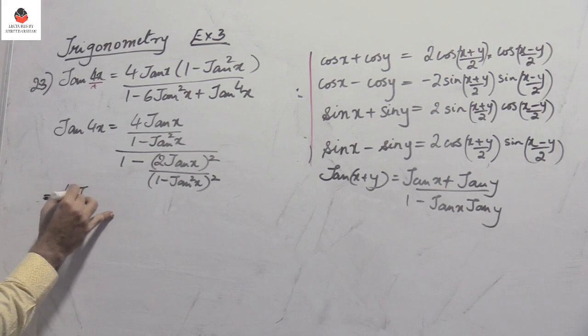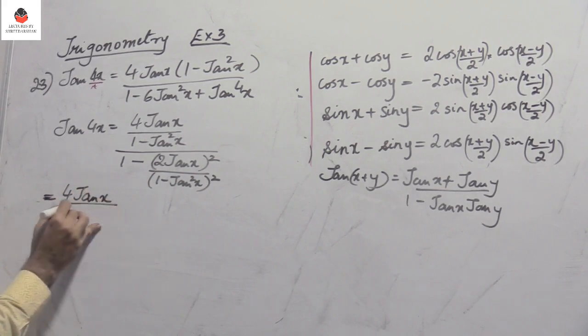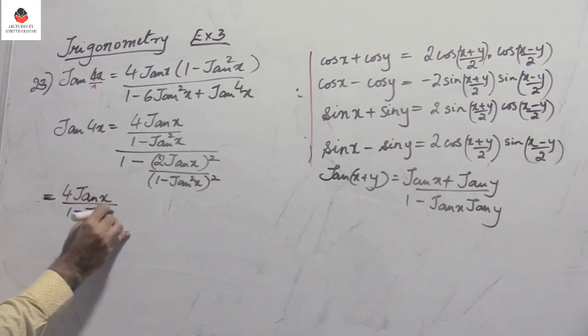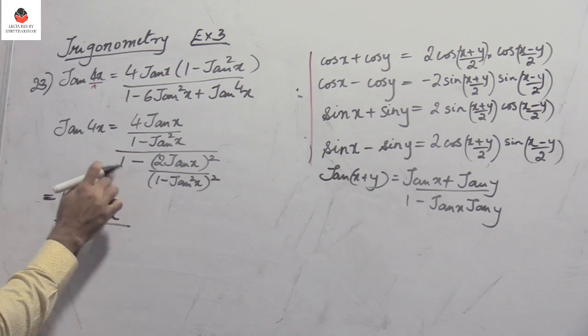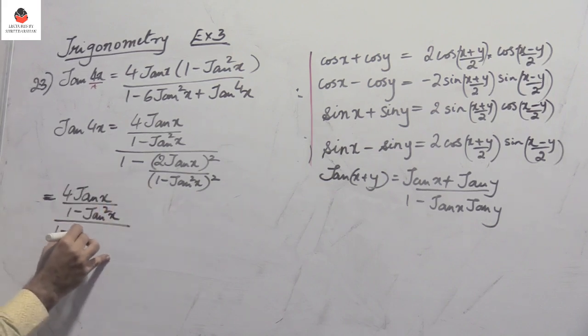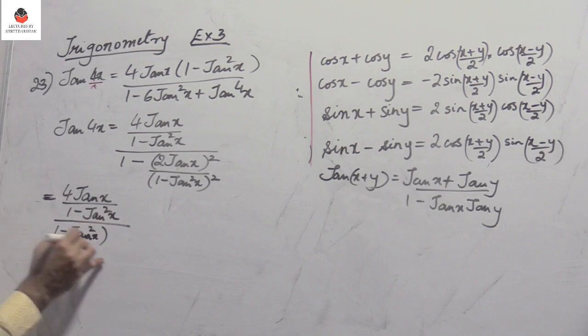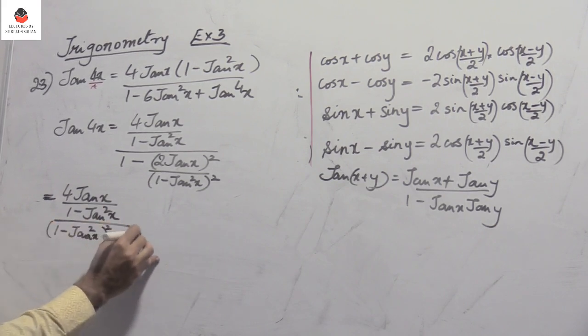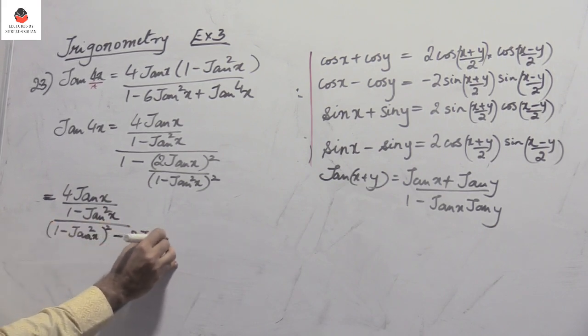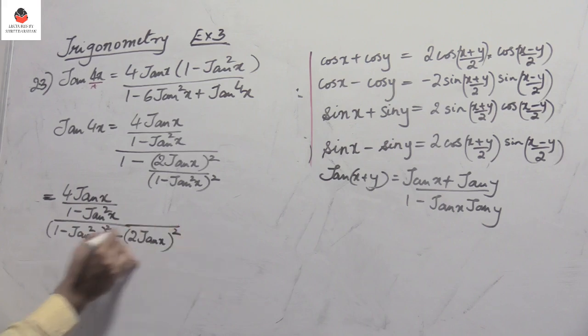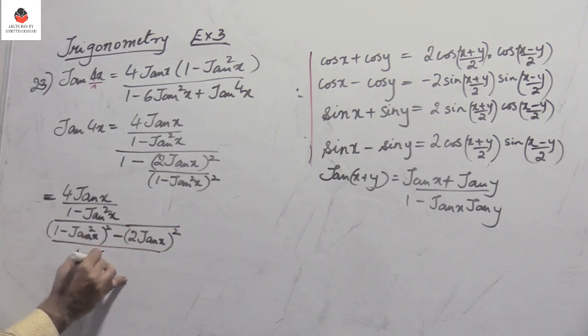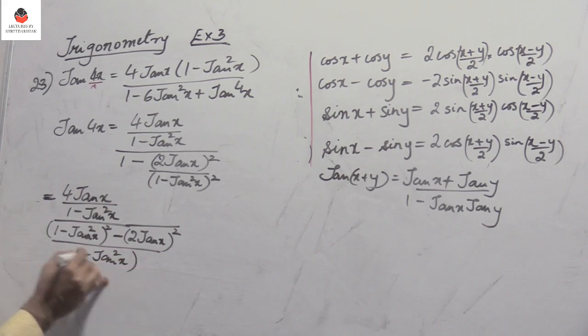So you have 4 tan x by (1 minus tan squared x). So now here let me take the LCM. I get (1 minus tan squared x) the whole square minus (2 tan x) the whole square divided by (1 minus tan squared x) the whole square.